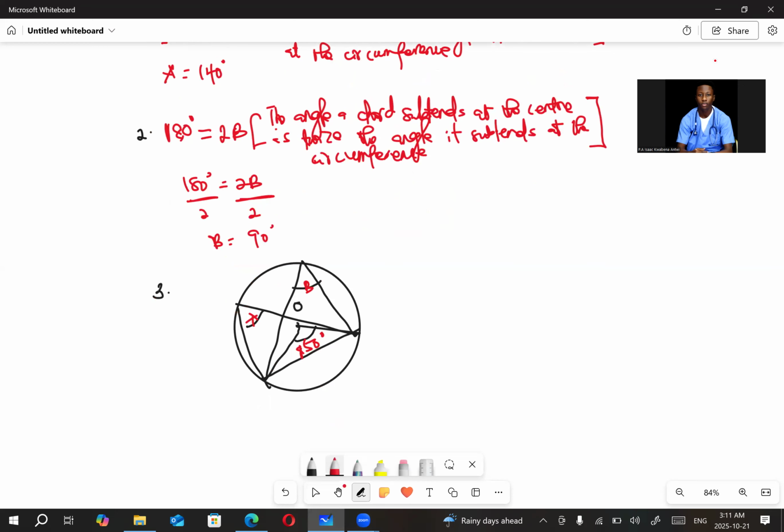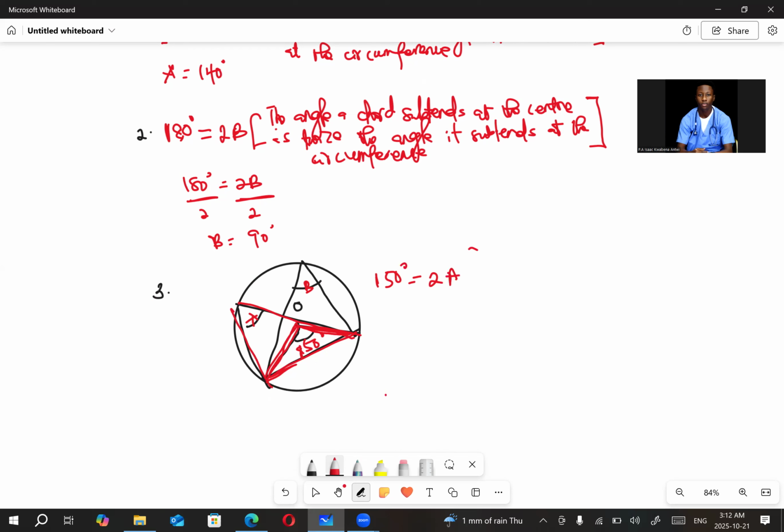So you can choose whichever letter you want to start with. Maybe A. But before that, it must be a number. You see that this chord subtended the 150 at the center, and that same chord produced the A at the circumference. So you can say 150 degrees, the angle a chord subtends at the center, is equal to twice the angle it subtends at the circumference.